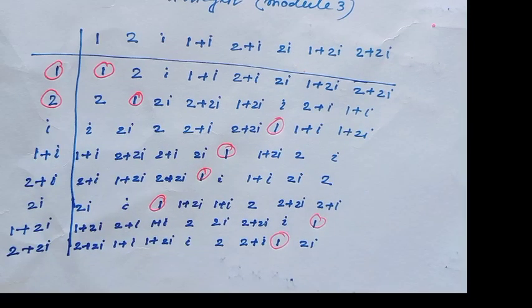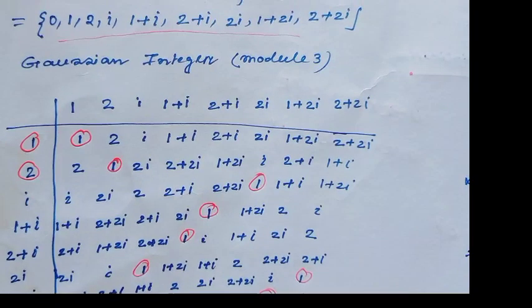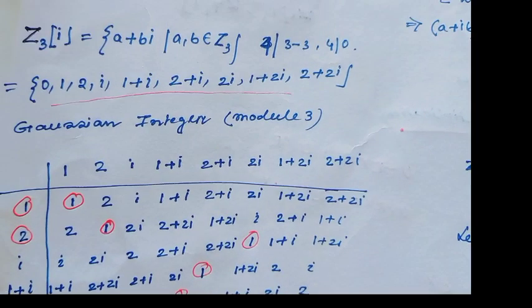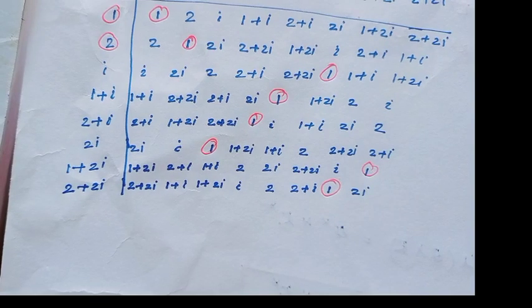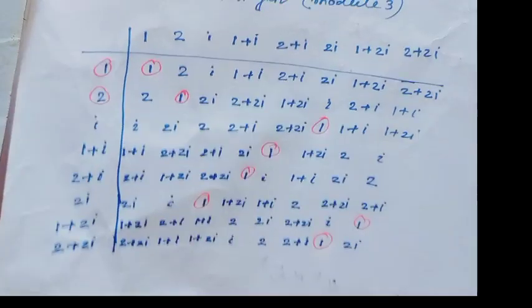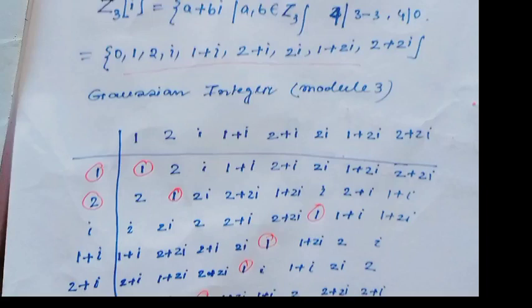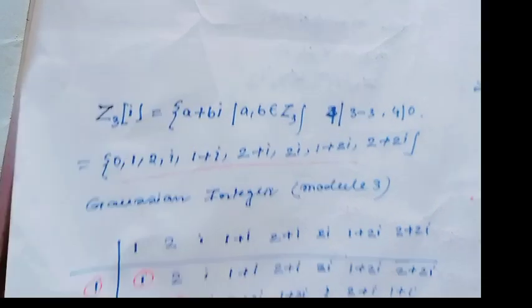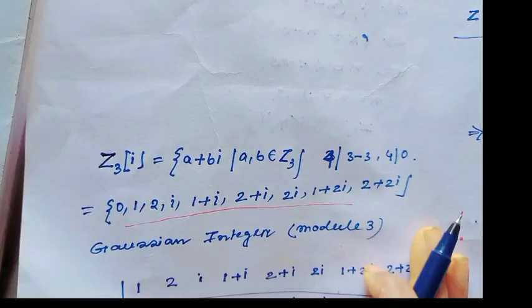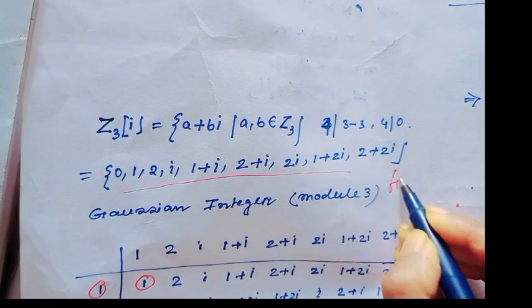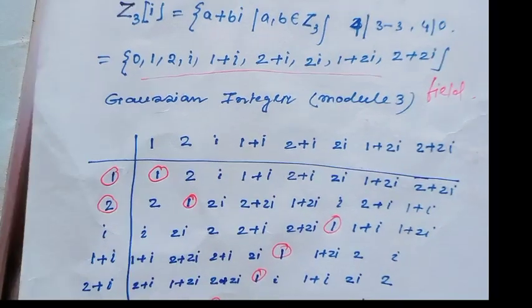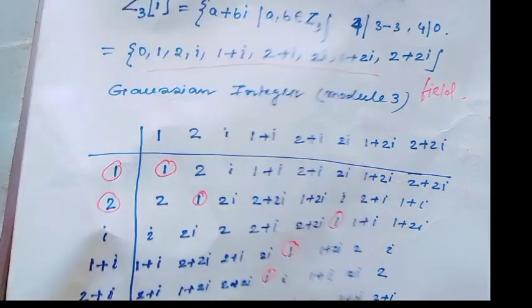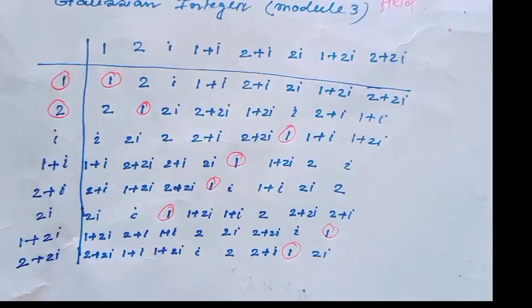To understand it better, just look at the multiplication table of Z3[i]. Notice here every non-zero element has a multiplicative inverse. So Z3[i] is a field. I hope all my viewers have understood this concept easily. How does the multiplication table look?